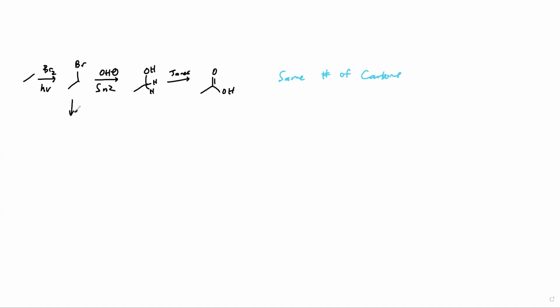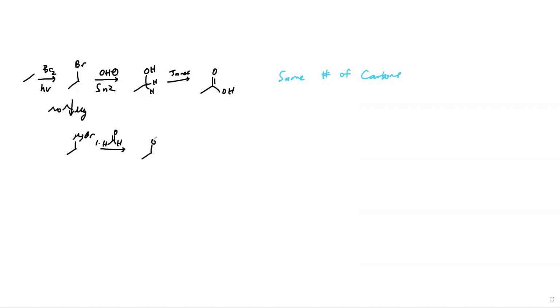We could also take a slightly different route here and use Mg, ether to make the Grignard reagent. The Grignard reagent, which is a carbanion, could be used to attack certain electrophiles to help us access, again, that primary alcohol. One of those is formaldehyde, and that gives us the primary alcohol.